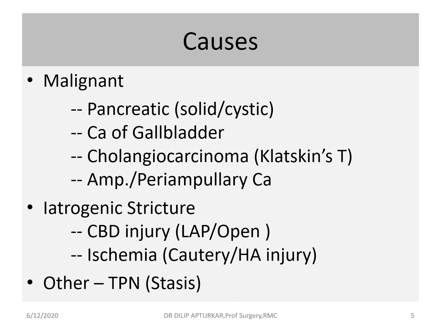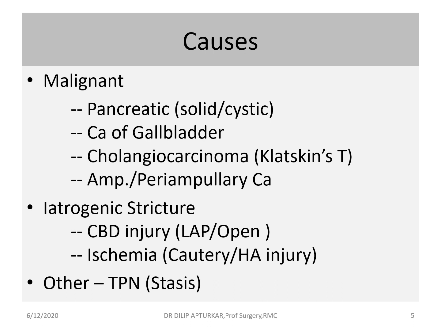These are the malignant conditions which give chronic type of obstructive jaundice. Again, intrahepatic malignant lesion can compress the biliary duct or there can be compression at the porta hepatis resulting into obstructive jaundice.